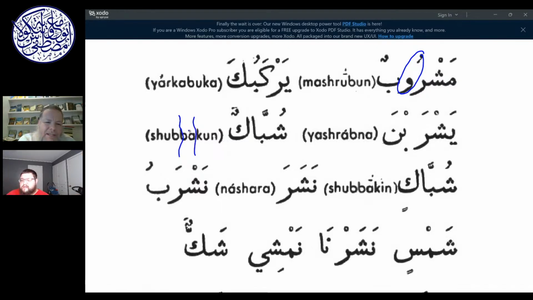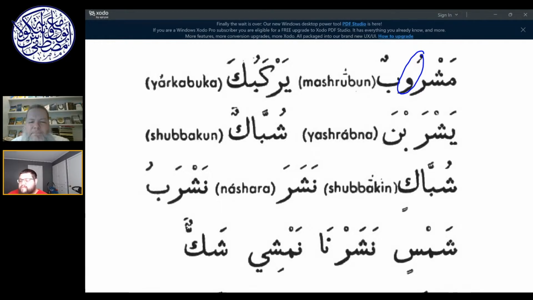It should have a line over there showing it is long. Shubakun. Exactly. There you go. You said it right that time. Shubakun. And then next one. Shubakin. Exactly.